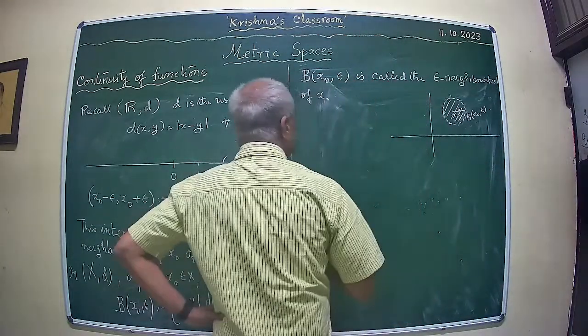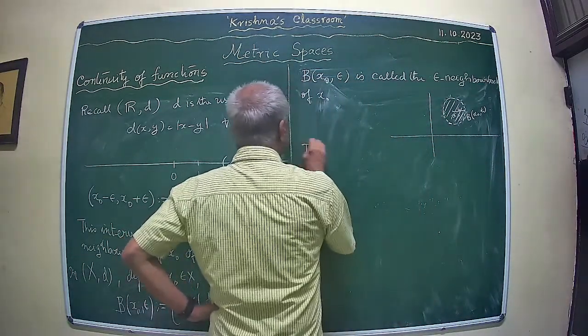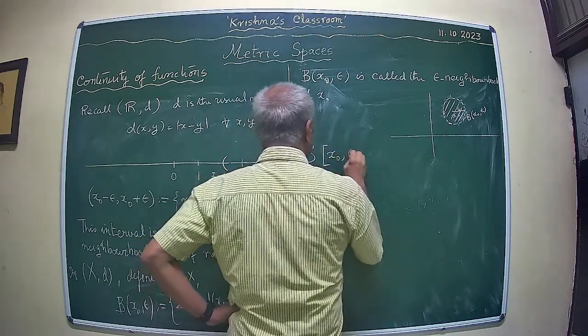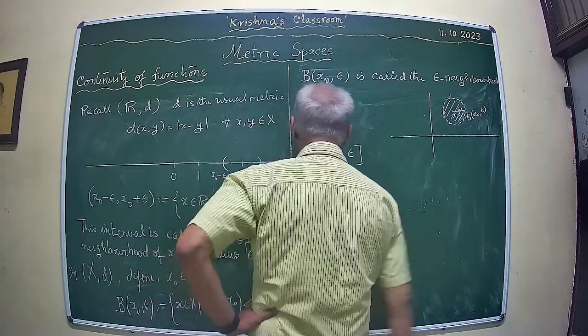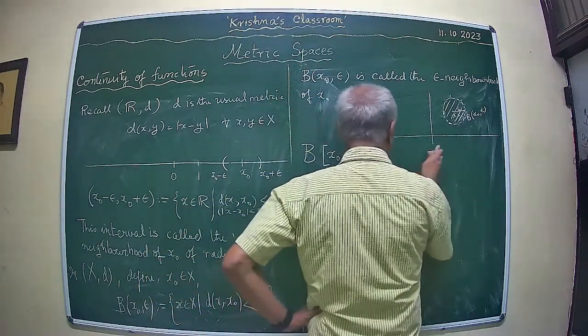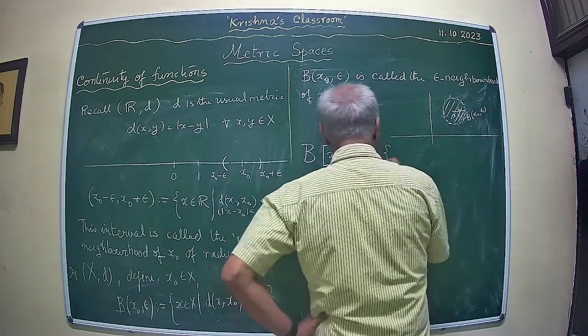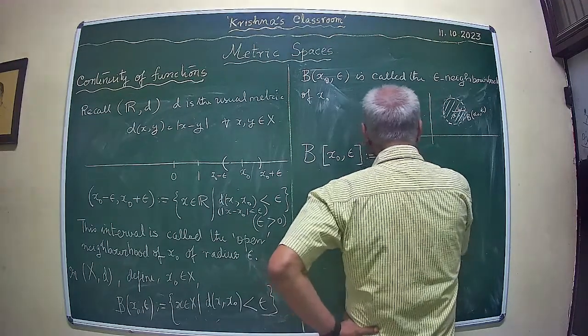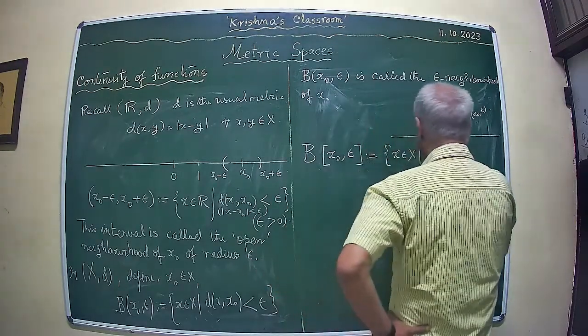But we will also use the notation which we shall need. This is called the closed neighborhood of x naught. This you define as the notation that we shall later use.